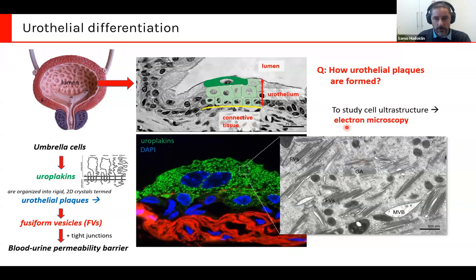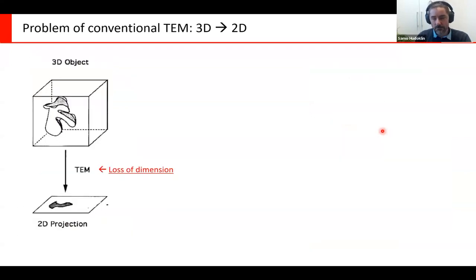And of course, to study this, you need transmission electron microscopes to study ultrastructure. And this is what we have. And very early on, we entered this problem. So in a conventional TEM, you lose one dimension, right?